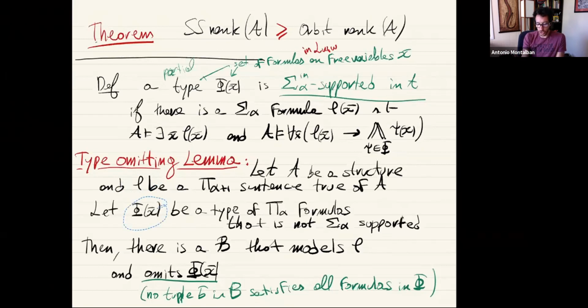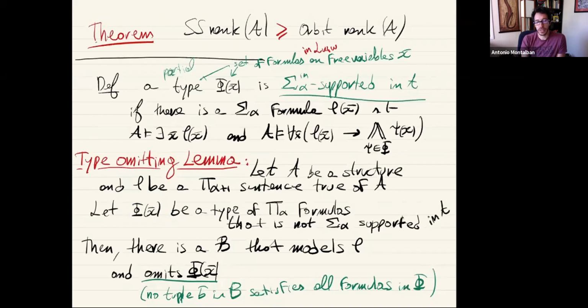And then you show that there's a structure that satisfies your theory, but omits the type. That's the usual first order type omitting theorem.